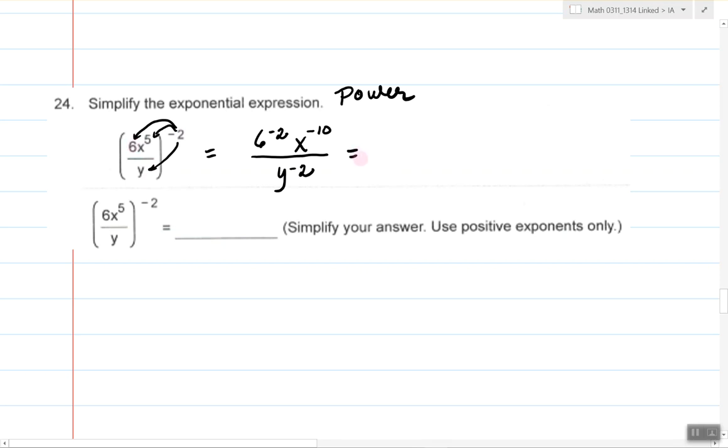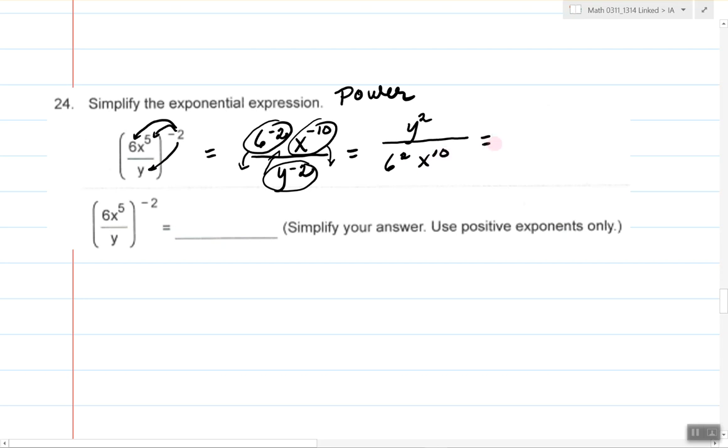All right, I have negative exponents everywhere. Every factor is going to move. The 6 to the negative 2 goes down. The x to the negative 10 goes down. The y to the negative 2 goes up. So I end up with y to the second over 6 squared x to the 10th.